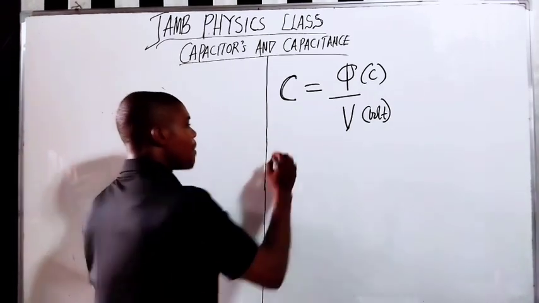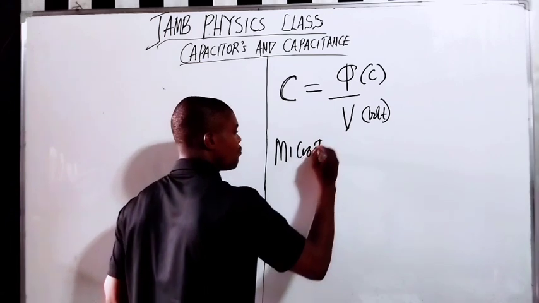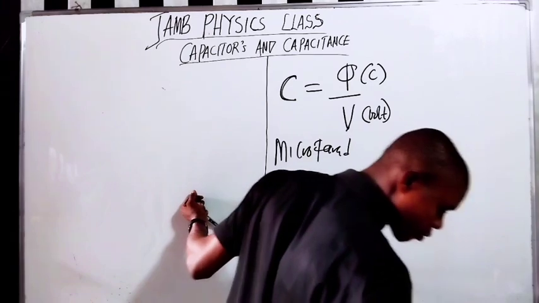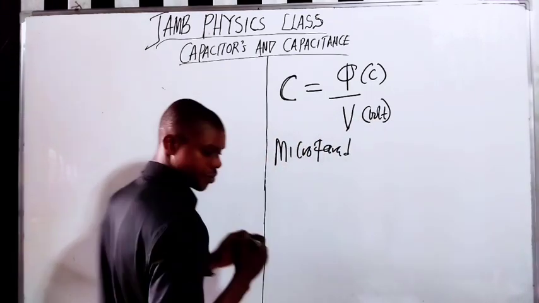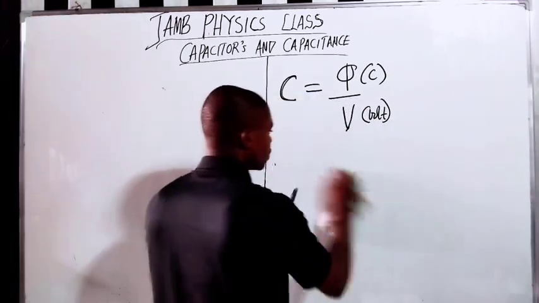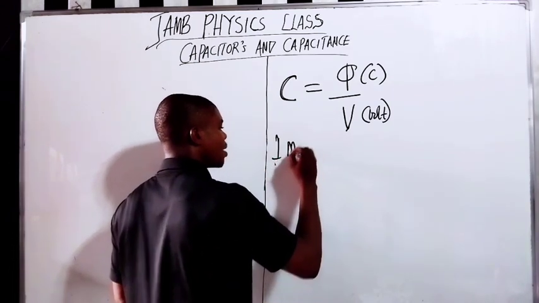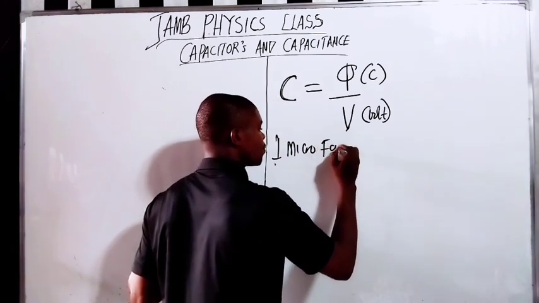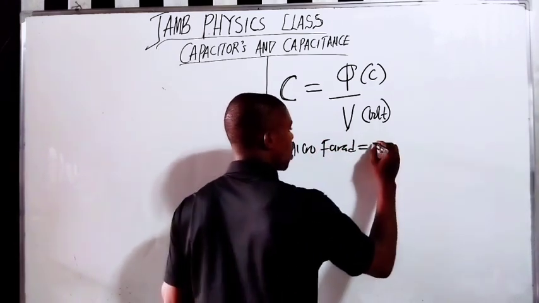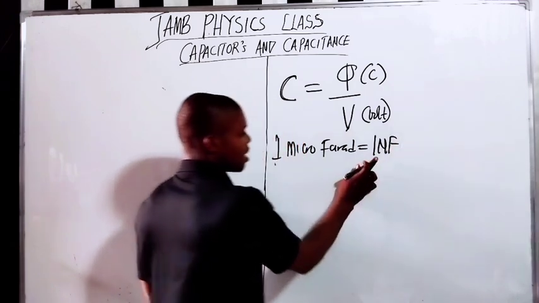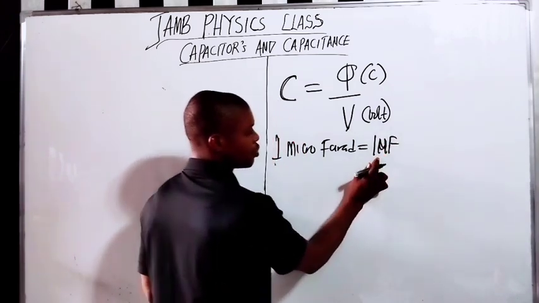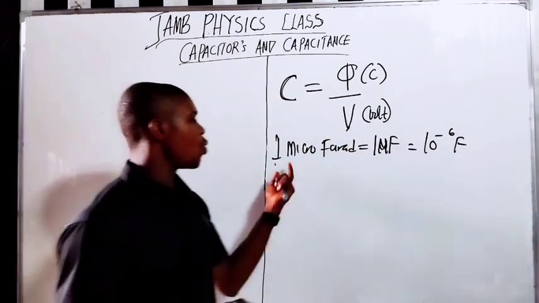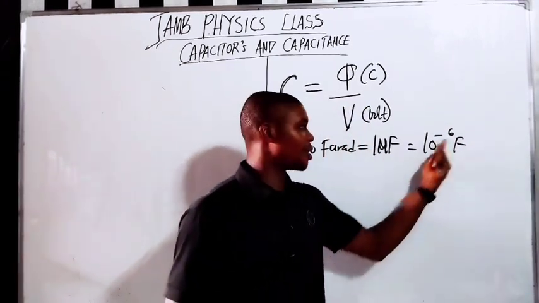You can have microfarads. 1 microfarad: the prefix micro is 10⁻⁶ farad, so when I say 1 microfarad, I also say 10⁻⁶ farad.